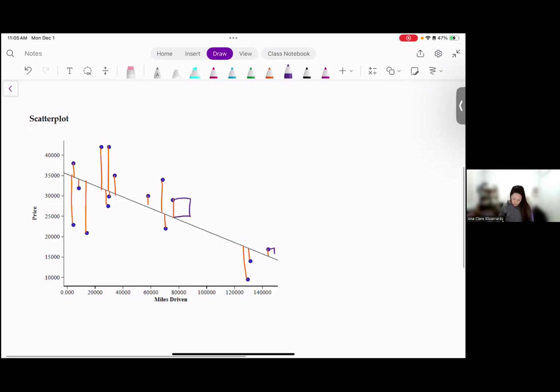So we're drawing these little bitty squares all over the place to represent how far away each point is from the line, and then we calculate that area. And by we, I mean technology.